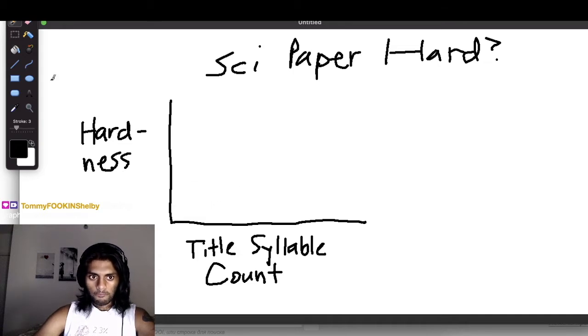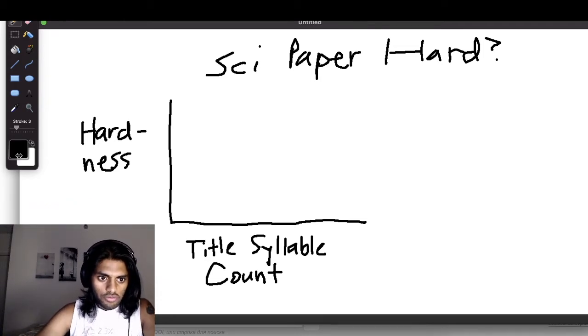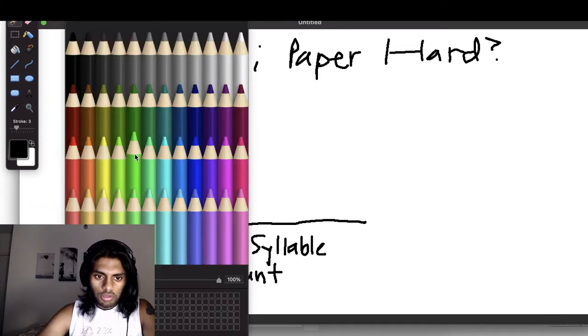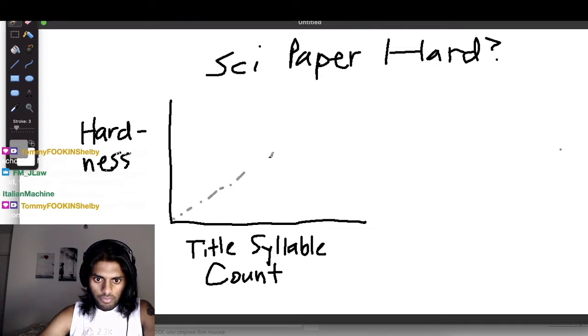You know, most people think it's very straightforward, and we'll label most people as gray. Most people think it's like this, roughly to scale.